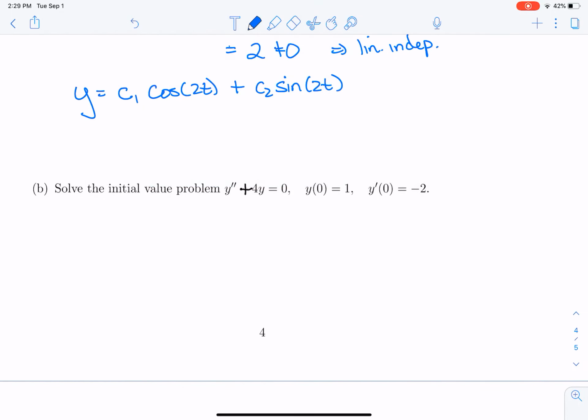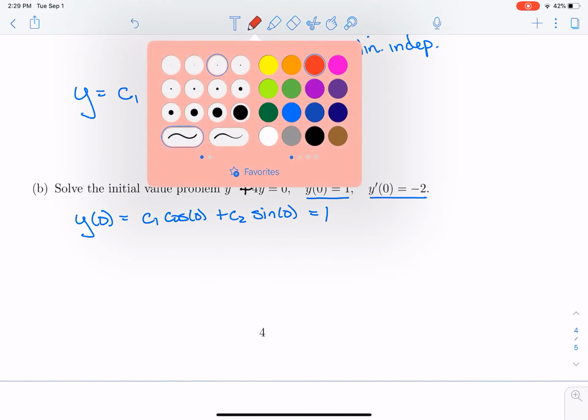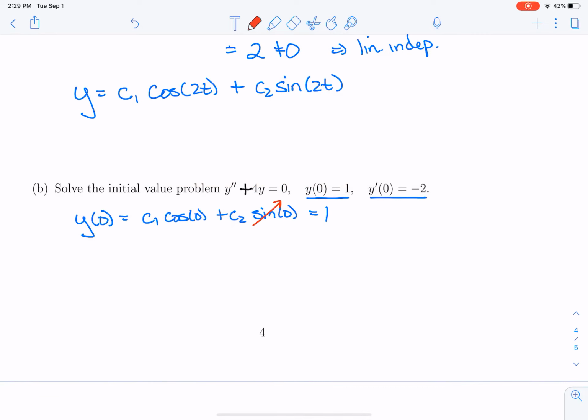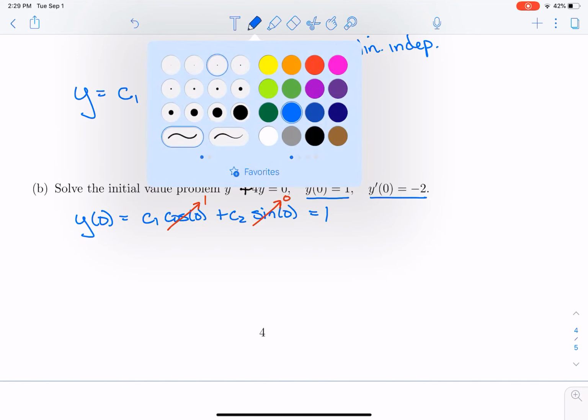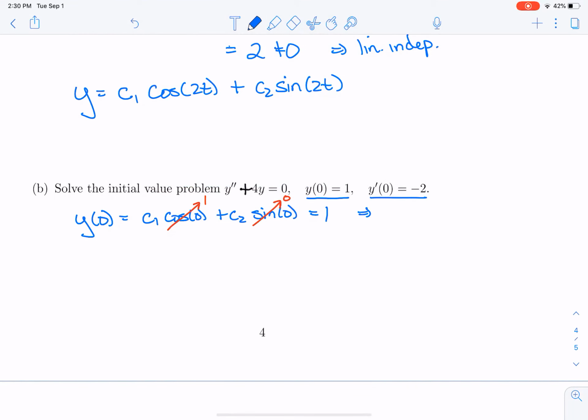I'm going to start with y of 0 being 1 and y prime of 0 being negative 2. So I can just plug those in. y of 0 is equal to c1 cosine of 0 plus c2 sine of 0, and that's supposed to equal 1. So sine of 0 is 0 and cosine of 0 is 1. Okay, so that tells me that c1 is equal to 1.